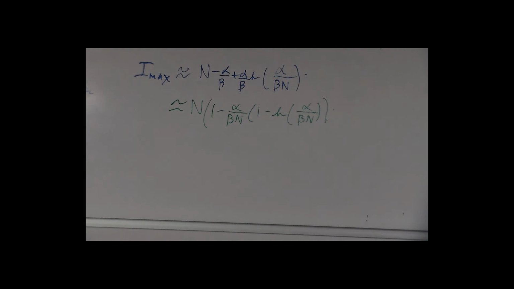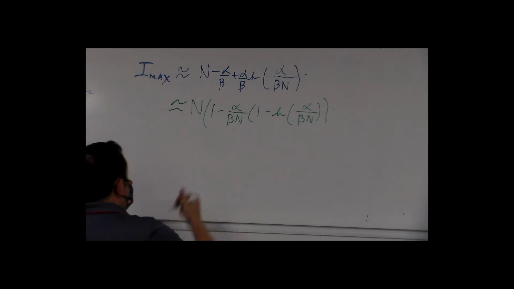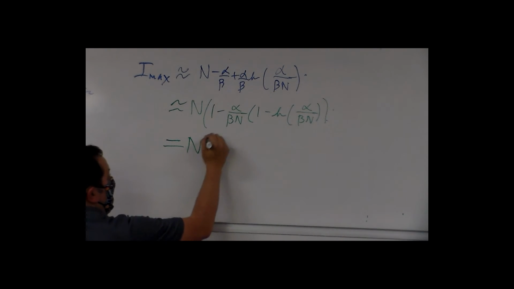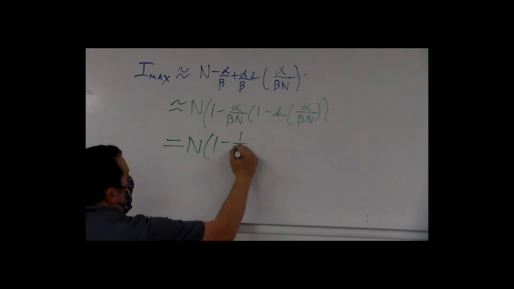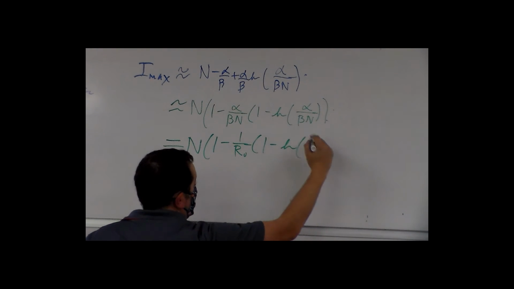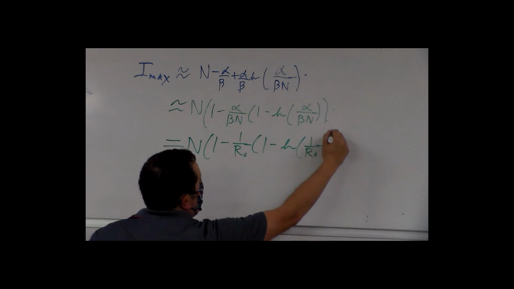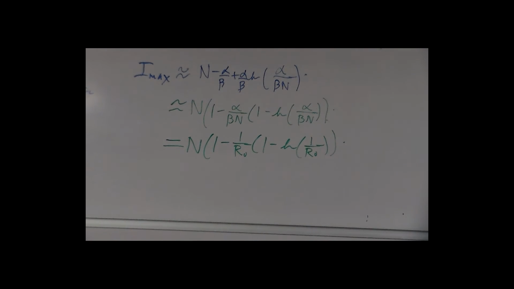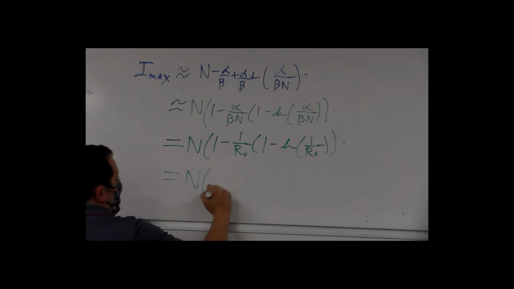How can I put this in terms of R naught? Replace alpha over beta with 1 over R naught. Good, yeah. I always screw that up and say it's R naught, but it's 1 over R naught. So this is equal to N times 1 minus 1 over R naught times 1 minus log of 1 over R naught.